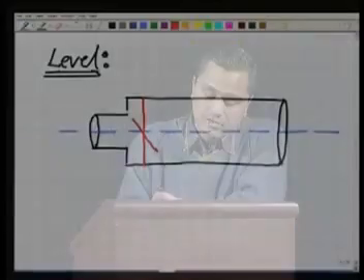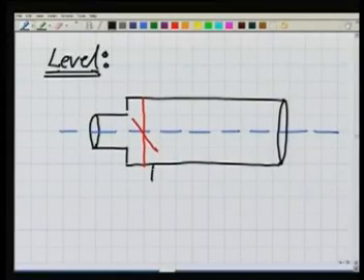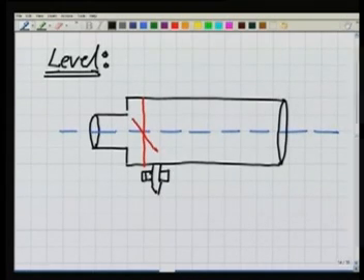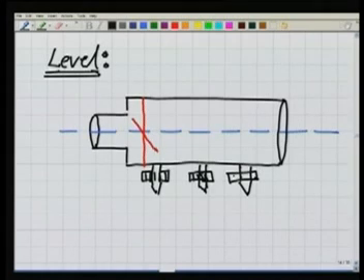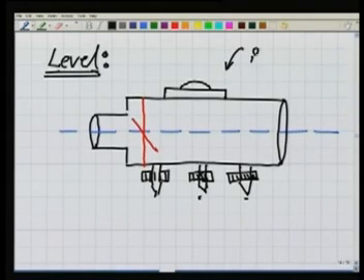Along with this telescope, we have some nuts and a leveling arrangement, where using these leveling screws I can change the level of this instrument. This is the same thing as we saw in the theodolite. We have three leveling screws. In addition, the most important part, on top or somewhere else, we have a bubble tube. So this is the bubble tube.